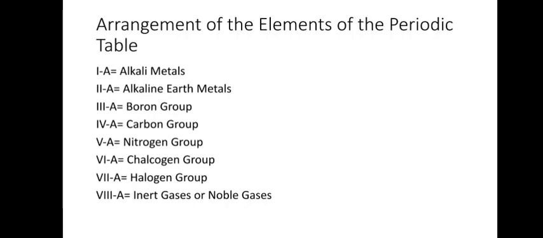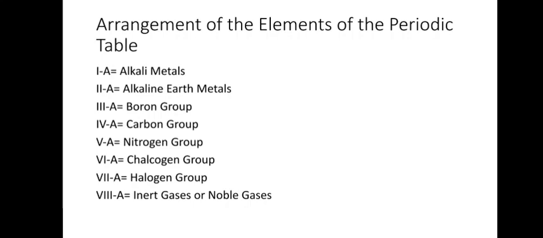We have 1A equals alkali metals, which is on the left side of the periodic table. You can see hydrogen, lithium, sodium, potassium, rubidium, cesium, and francium. And then we have 2A, which is alkaline earth metals.